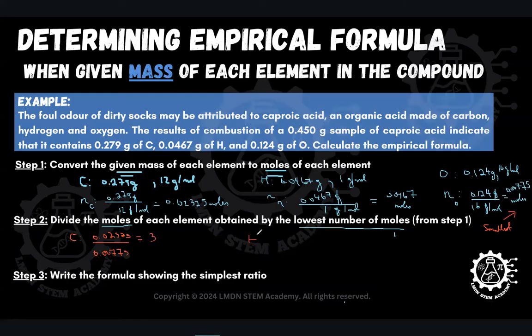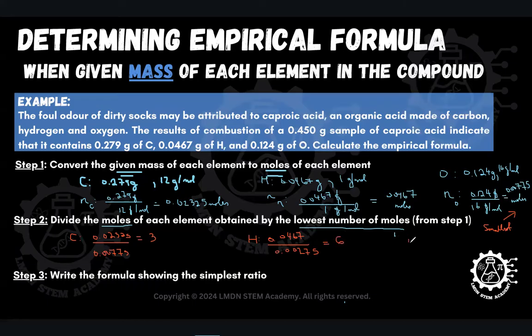Then for hydrogen, we take the moles that we got from step 1, 0.0467, and divide that through by the lowest, which is 0.00775, and that's going to get us 6.